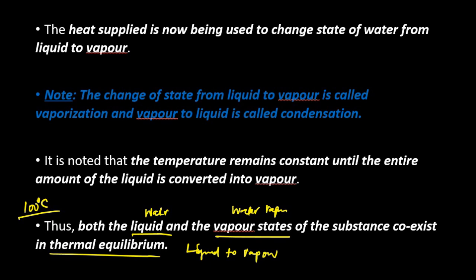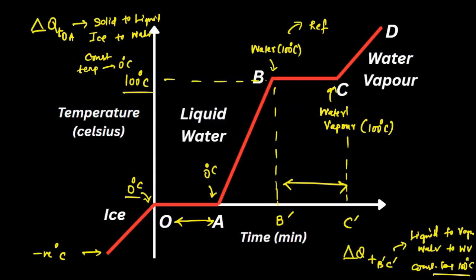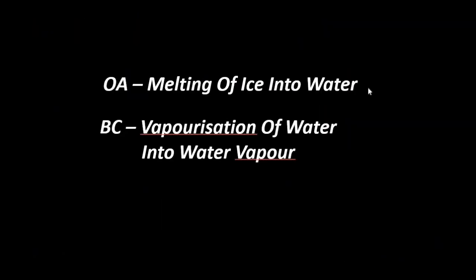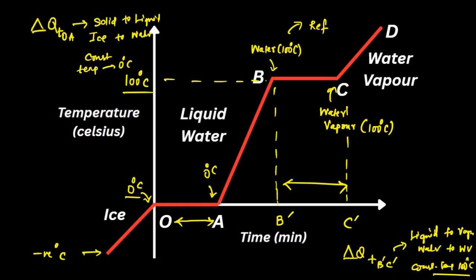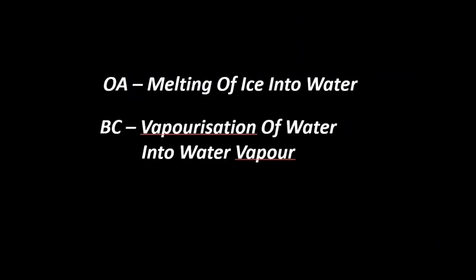That's why they are chosen as upper and lower reference points. Now beyond 100 degrees Celsius, if we keep on supplying heat, again temperature rises to CD. So here OA is the melting of ice into water, and BC is the vaporization of water into water vapor. These are the two curves.